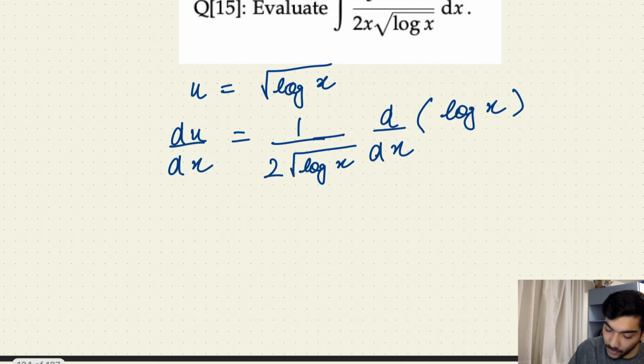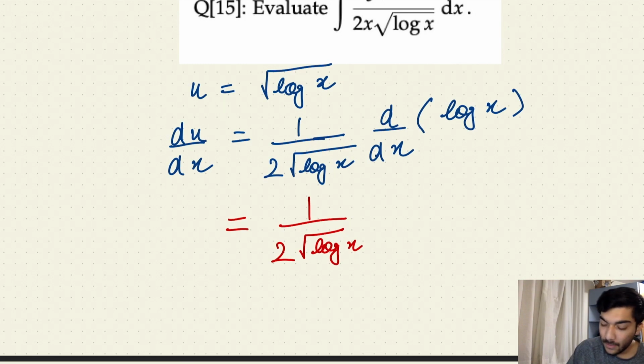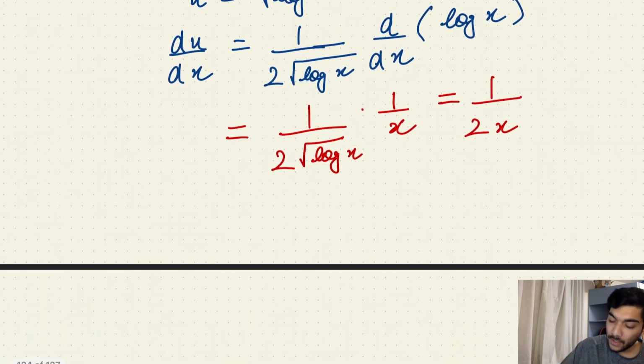Evaluating, it is 1 over 2 square root log of x, times d by dx of log x, which is 1 over x. The final expression, simplified further, would be 1 over 2x times 1 over square root log x.